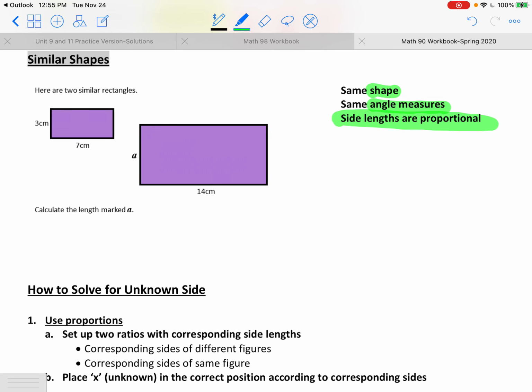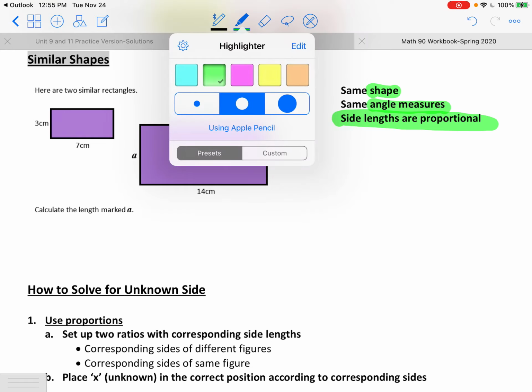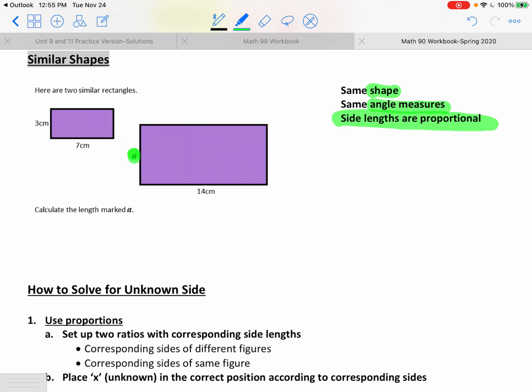If we look at our diagram here, we have two similar rectangles. So basically it's the same shape. All of these rectangles have right angles. And you notice that we just have this one missing side length here. Let me start over here.